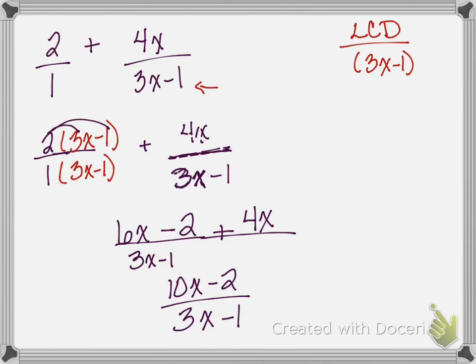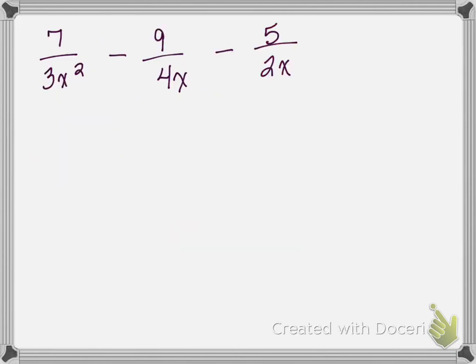Okay. Another simplifying. And this simplifying sometimes gives students some fits. I want you to break down each denominator, okay? Write out each denominator so that you can see what each denominator is made up of.